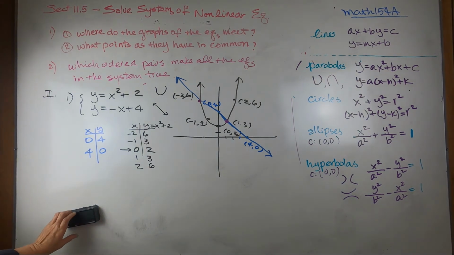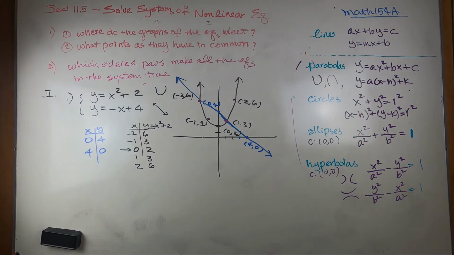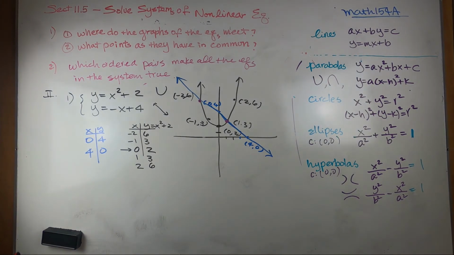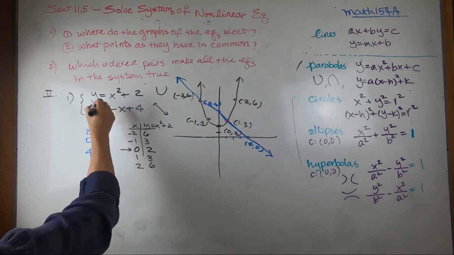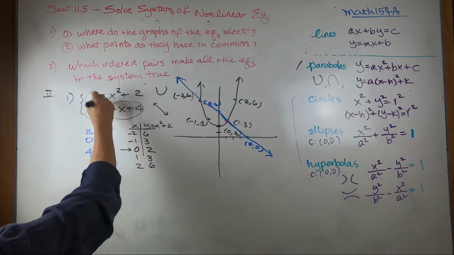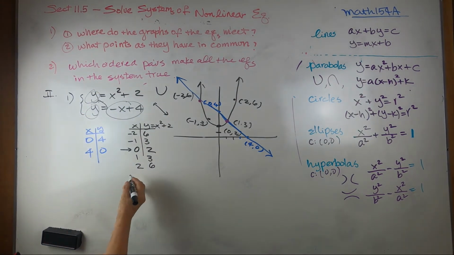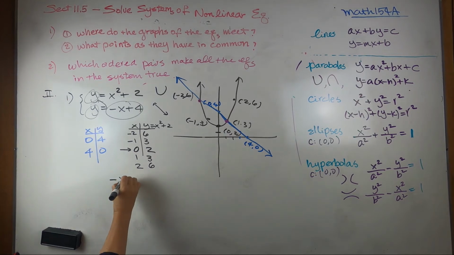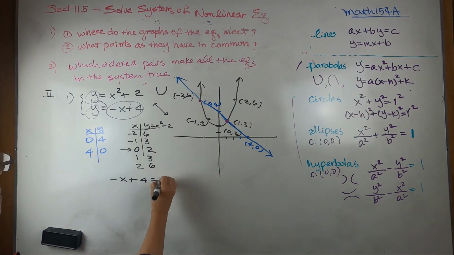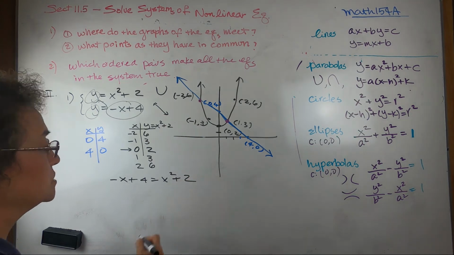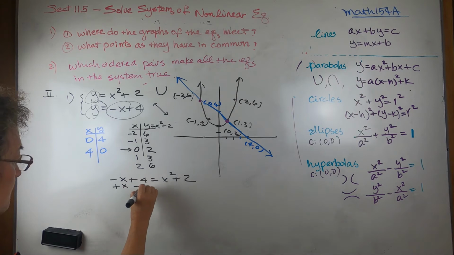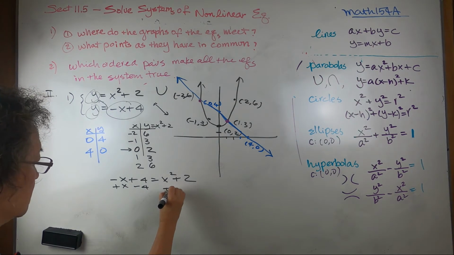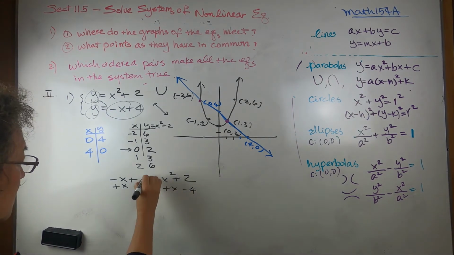Okay, so you can do substitution or elimination. But this one looks like substitution is easier. That's your y, right? Just plug in. So what do we have? We have negative x plus 4 equals x squared plus 2, right? Then write in standard form: plus x minus 4.